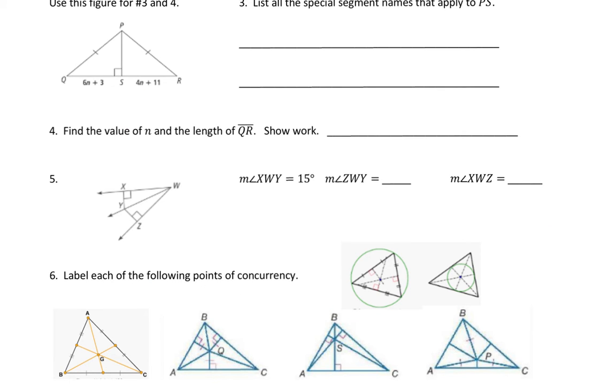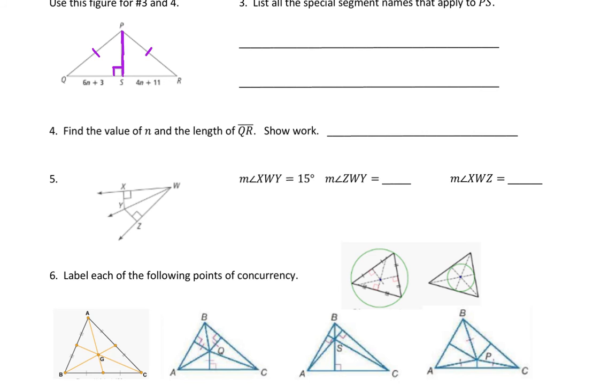Number 3, list all the special segments that apply to PS. All right, guys, this looks a lot like question number 1 on quiz A. The reason it looks a lot like that question is because I have an isosceles triangle. Isosceles triangles are kind of special because this segment here, PS, is going to have more than one name, more than one category.